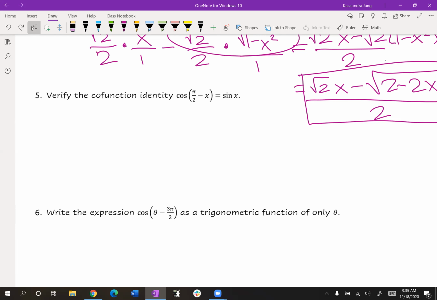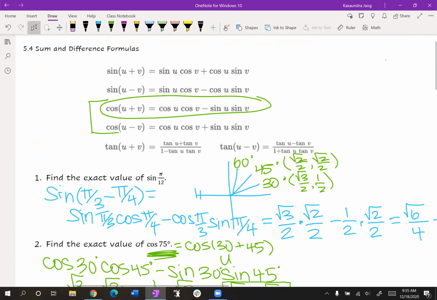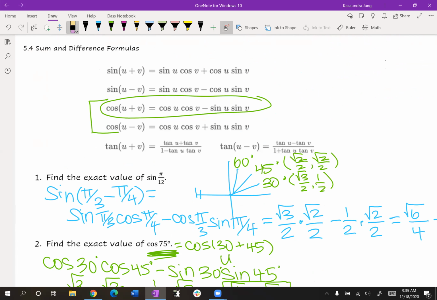They've got cosine of 2 angles subtracted, right? Cosine of 2 angles subtracted. Okay, so we have a formula for that now.